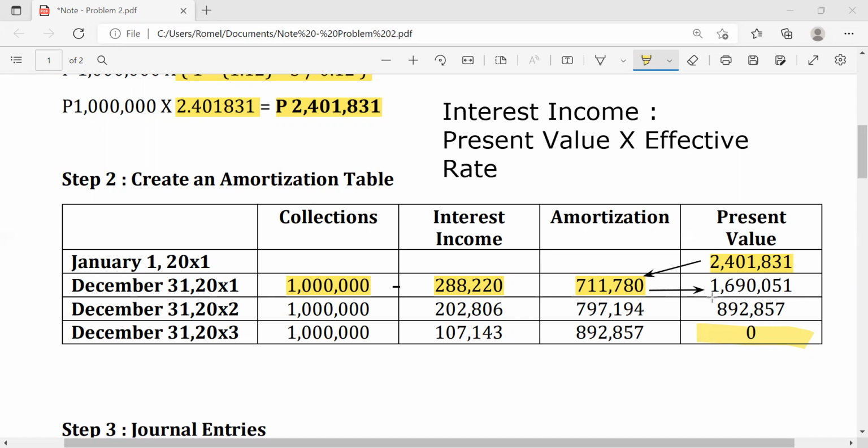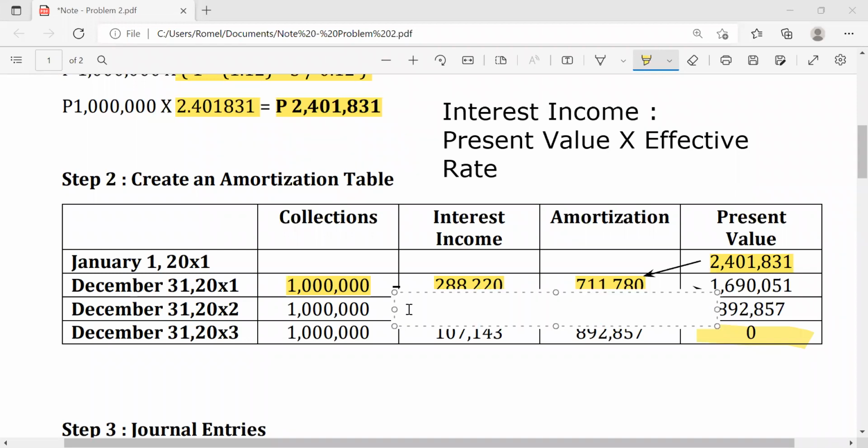And again, for 20X2, how can we compute for the interest income? 1,690,051 times 12%. So the answer will be 202,806. And then, ang effect, yung 202,806, we will deduct this from the collection.